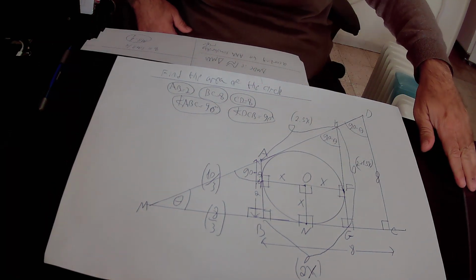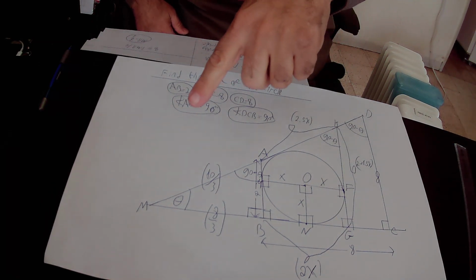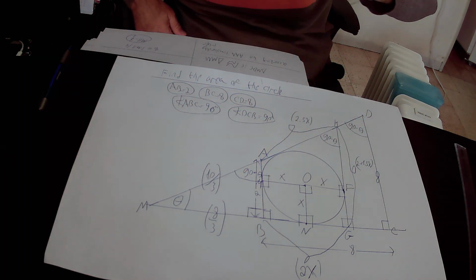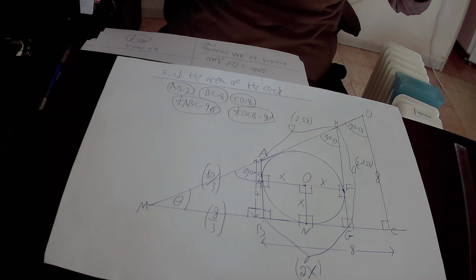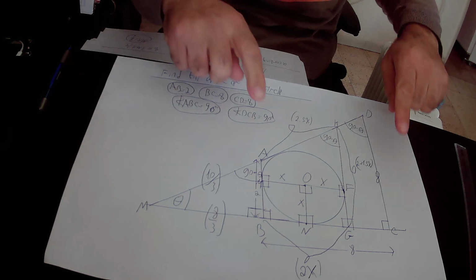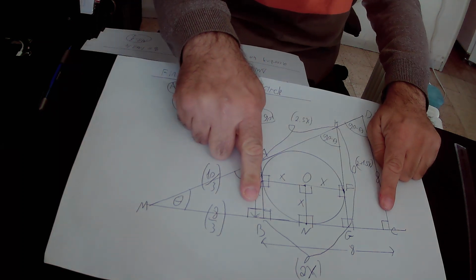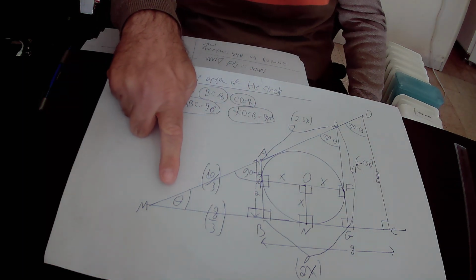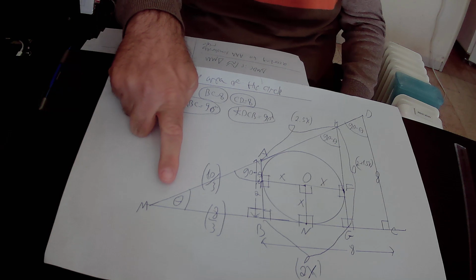In the next step, we prove that the big triangle MDC is similar to the small triangle MAB. Why are those two right triangles similar? First of all, those two angles are both equal to 90 degrees. In addition, angle theta is a common angle, it belongs to both triangles.